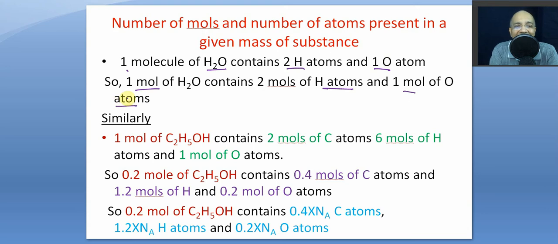That is simple. So supposing I'll ask you a question. How many moles of carbon atom, hydrogen atom, oxygen atoms, and how many atoms of each element present in 0.2 mole of ethanol, our common alcohol? Ethanol.